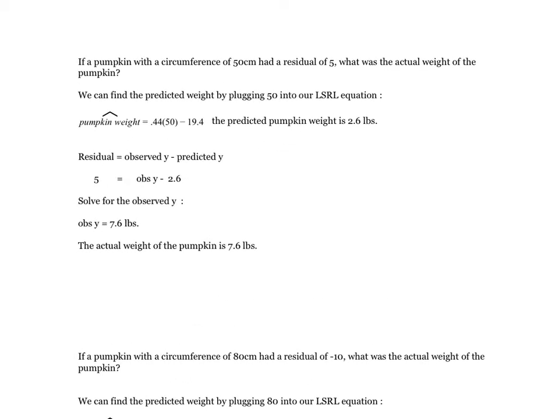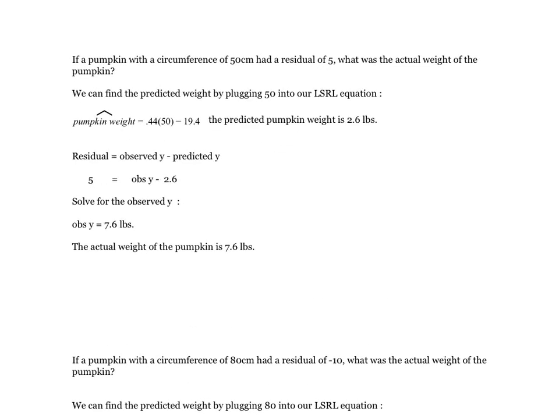Now, one of the things you have to be able to do is use the residual and the equation for a residual to answer different kinds of questions. So this says, if a pumpkin with a circumference of 50 centimeters had a residual of 5, what was the actual weight of the pumpkin? Okay, so this is what we have. We have a regression equation, which is the predicted weights of the pumpkins, right?